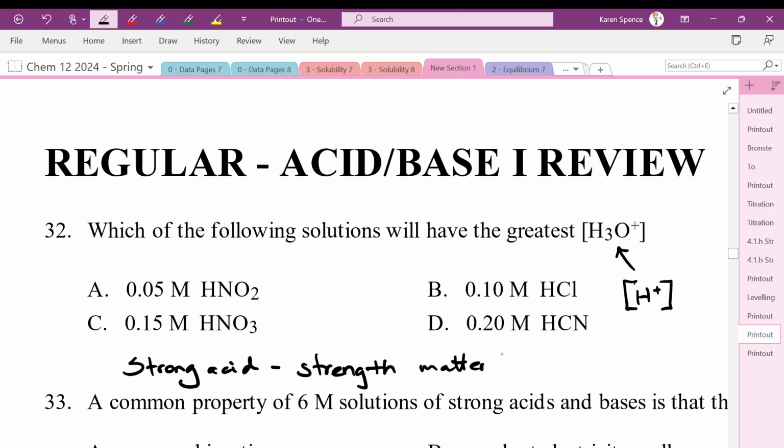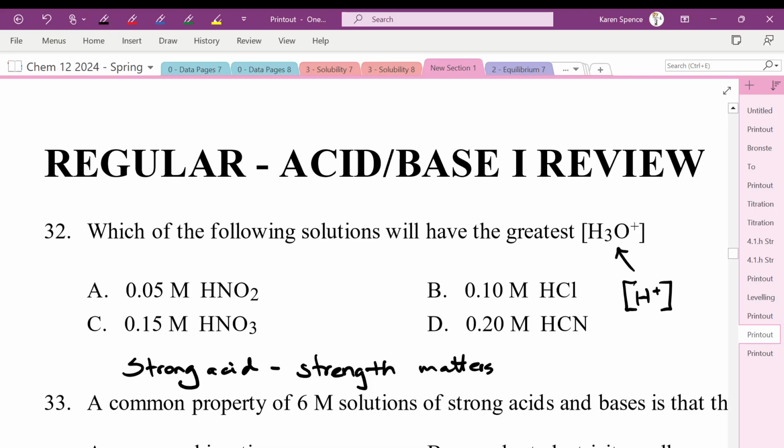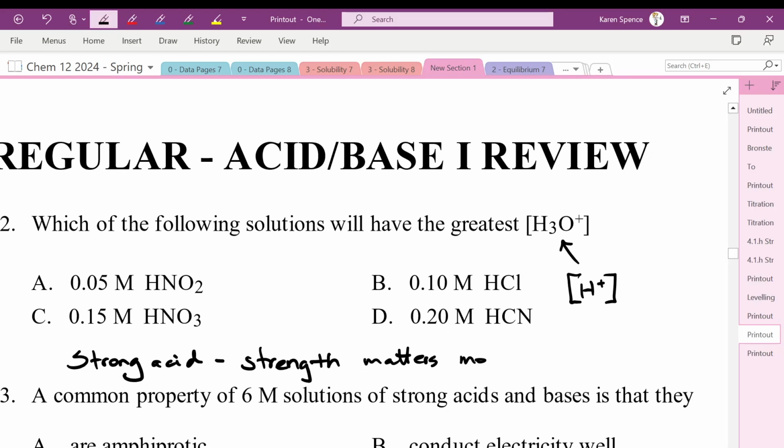So choose your strong acids there. Is A a strong acid? No. Is B a strong acid? Yes. Is C a strong acid? Yes.